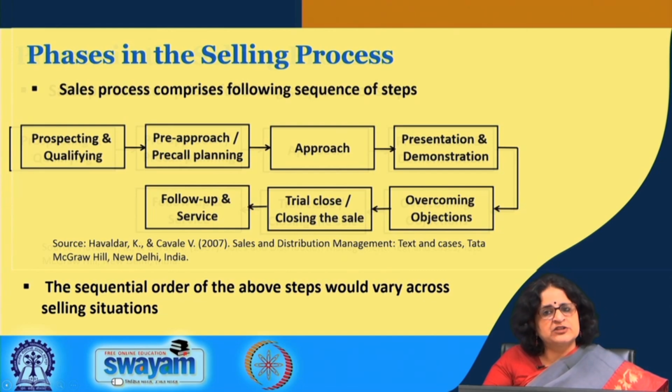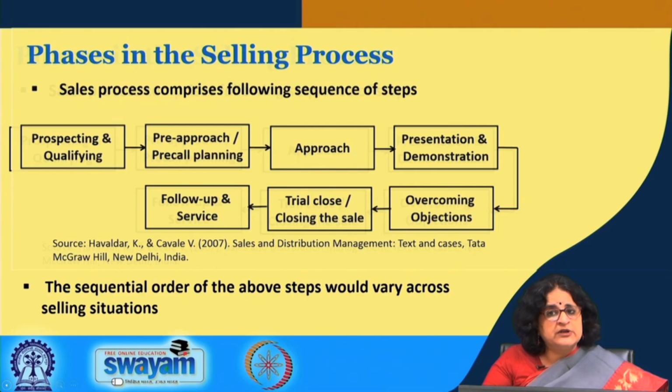Now as I mentioned a little while ago, the sequential order of the above steps would vary across selling situations. In fact, it may so happen that a salesperson may be very successfully able to lead a prospect across all these stages in the selling process.